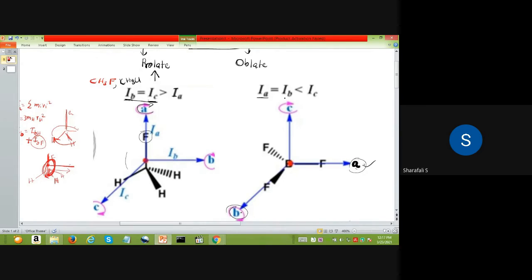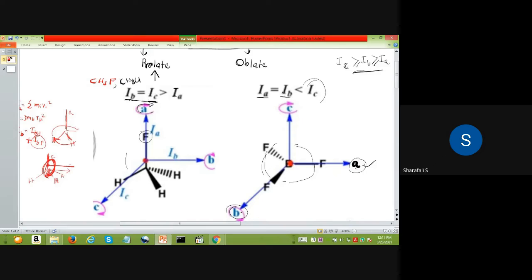So IA will become IB, and IC is larger, because in the case of IC we have three fluorine atoms which are rotating and there is no fluorine atom on this axis. So conventionally IC should be larger, as we discussed. IC should be greater than or equal to IB, greater than or equal to IA. This is the conventional method of representation of the moments of inertia.